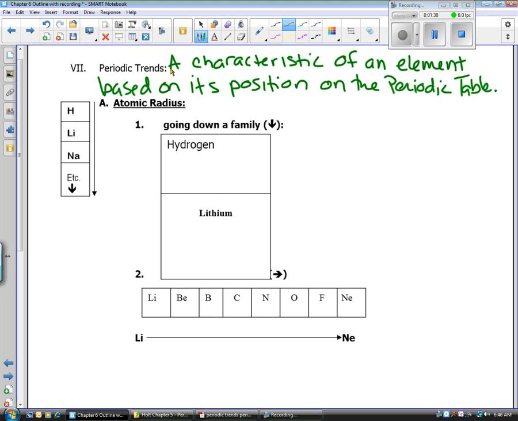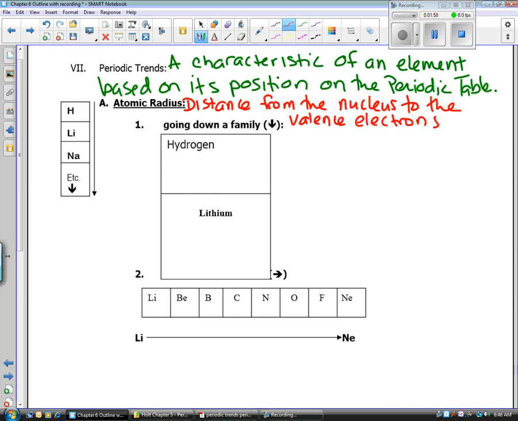So it's a distance from the nucleus to the valence electrons. Remember, valence would be your outermost electrons. They're the ones in the outside ring.